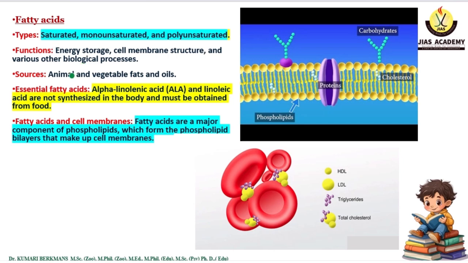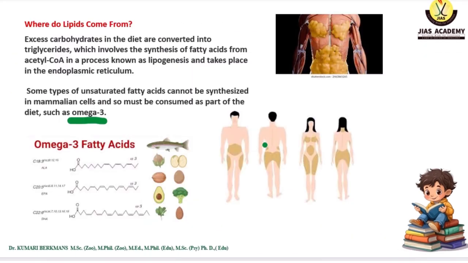The function of fatty acid is energy storage. See, for example, see these areas, the fat is stored so that if this person is unable to take food for 1 week or is under starvation, this fat is broken down and releases energy for this person, so this person can live without food for a week.